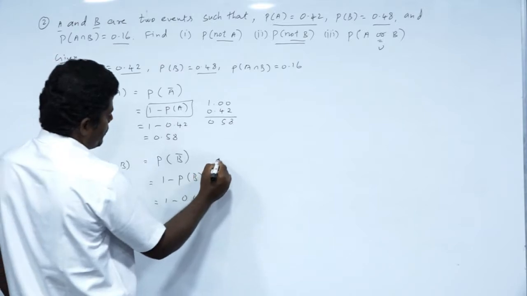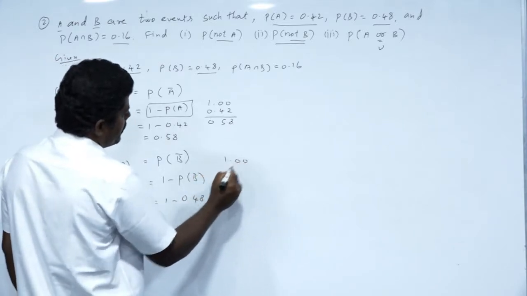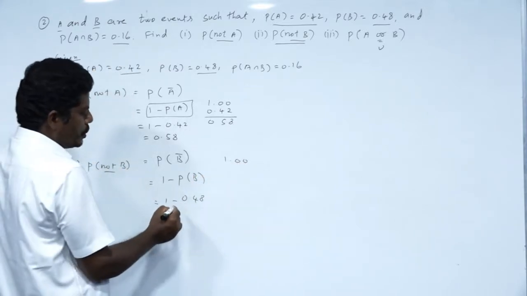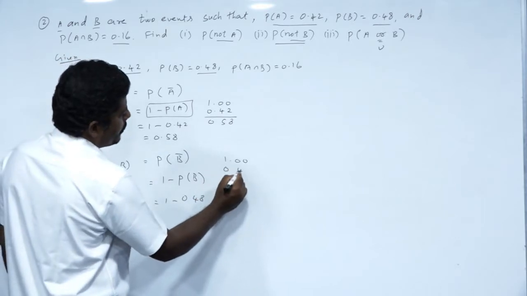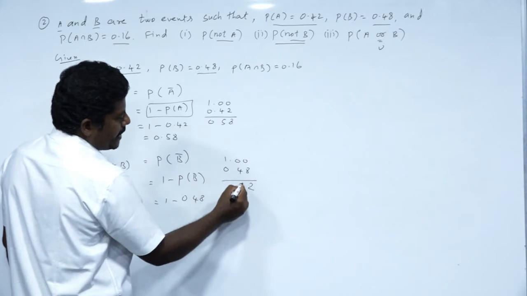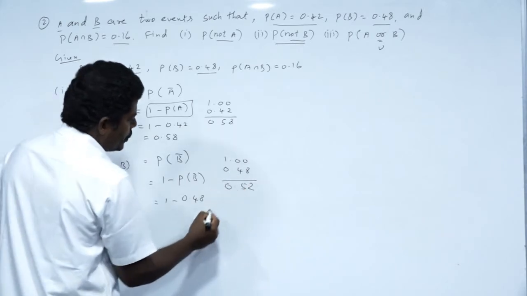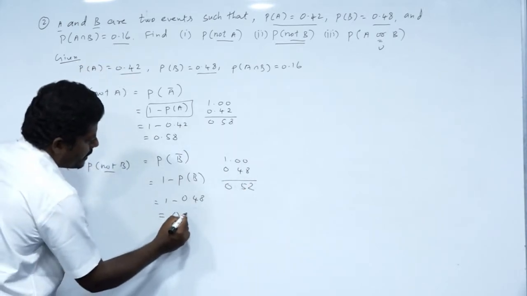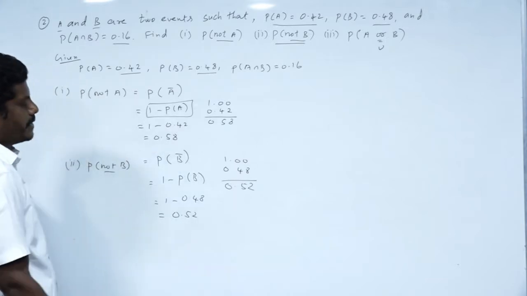Subtracting these two, 10 minus 8 is 2, and 9 minus 4 is 5, so we get 0.52. You understand this, my dear students?